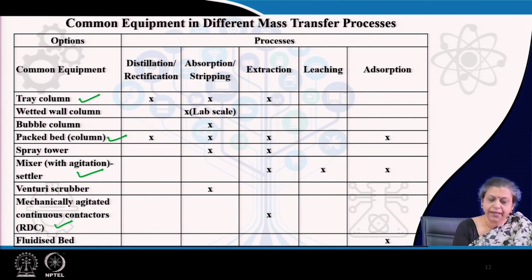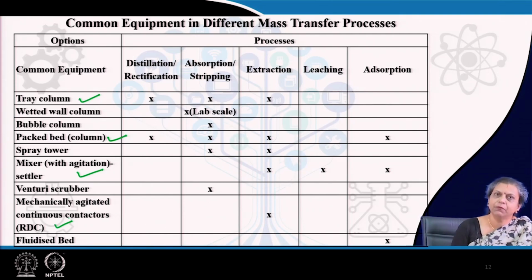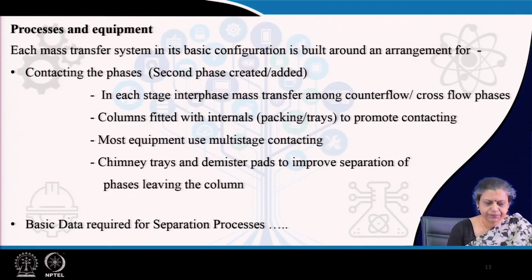So, therefore, we find that these common equipment which are used try to enhance the mass transfer between the phases, so that the operation can be achieved with a minimum number of stages.